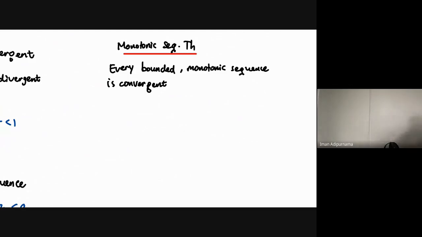For example, it's always increasing like this, but at some point it has a stopping point, going steady like this, and we say it converges at this point.